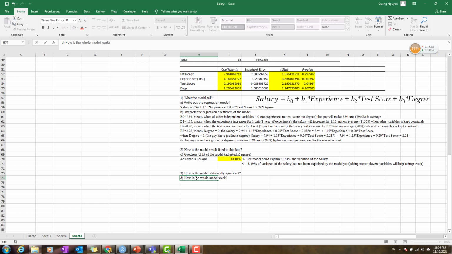To answer this, you just check the F statistic, the F test. If the p-value of the F statistic is smaller than 0.05, that means the model is okay, good to use.